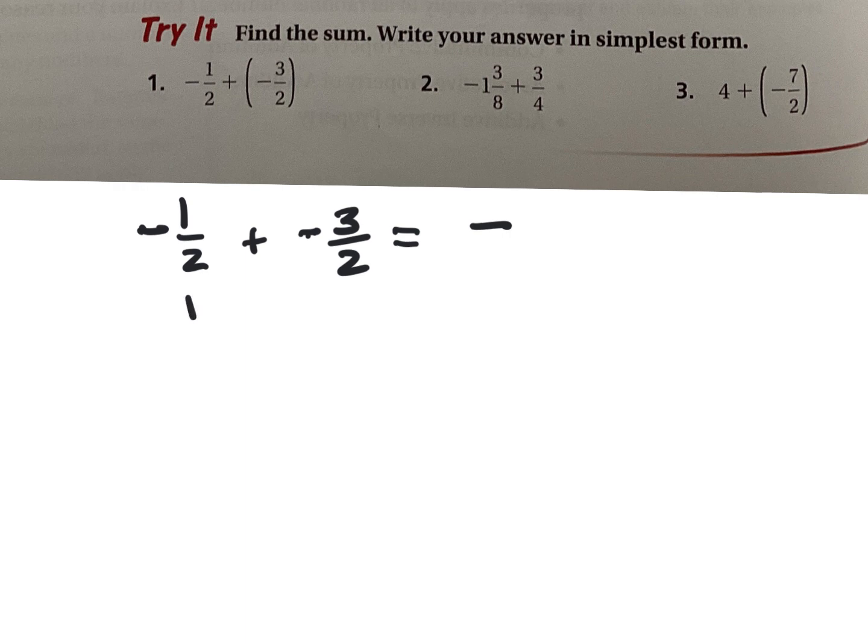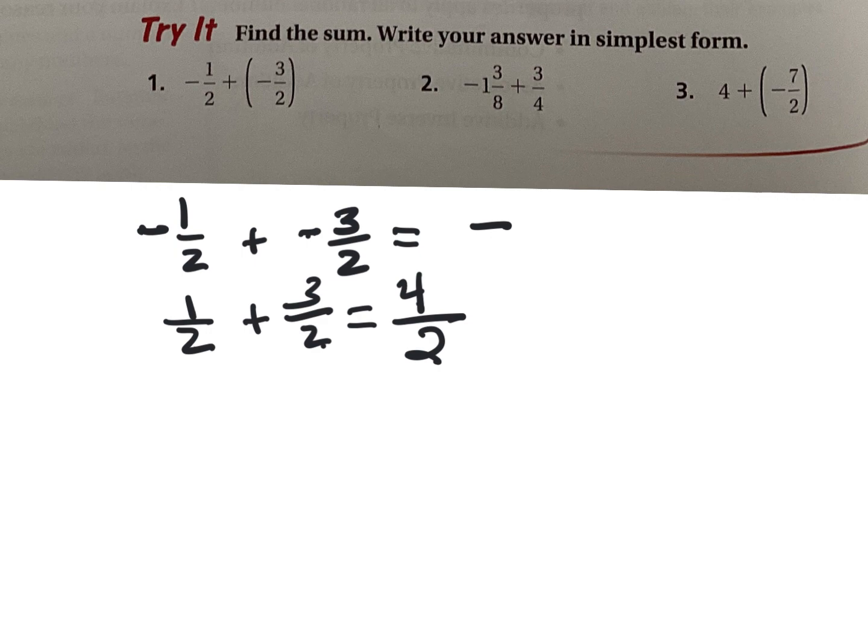And the absolute value of negative 1/2 is 1/2, and the absolute value of negative 3/2 is 3/2.